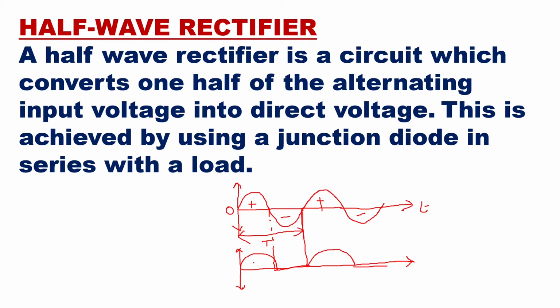So the output exists only when the input is a positive half cycle. In that case, we say it is a half wave rectification process, acting as a half wave rectifier, because only half of the input wave is rectified at the output.